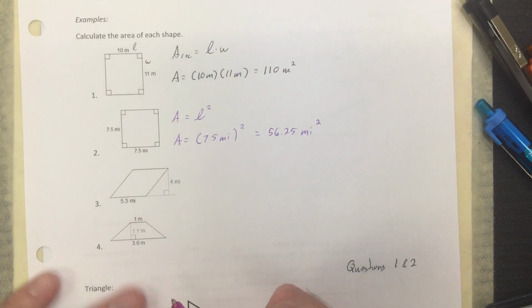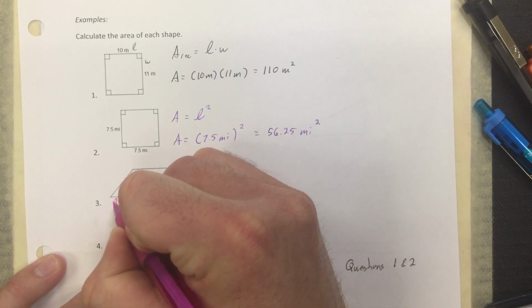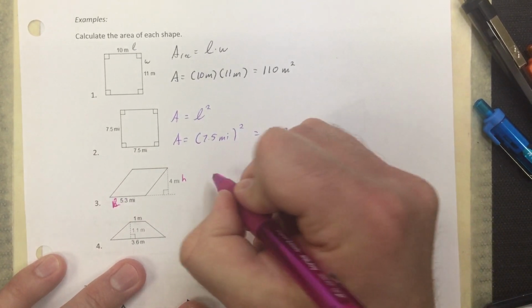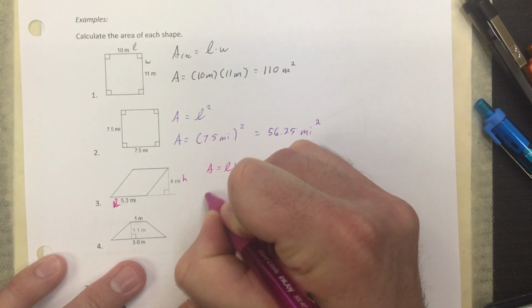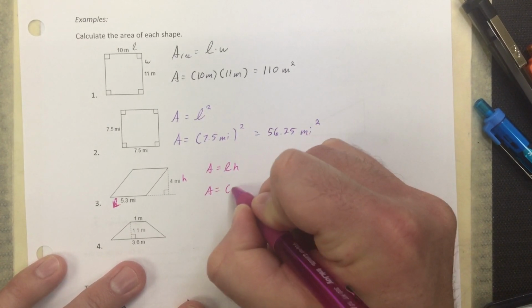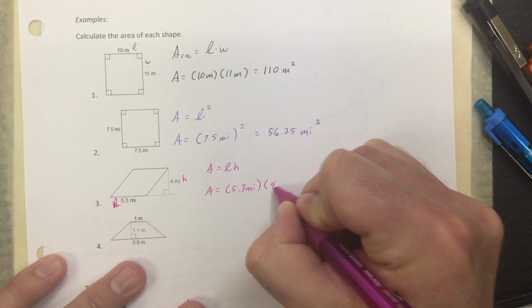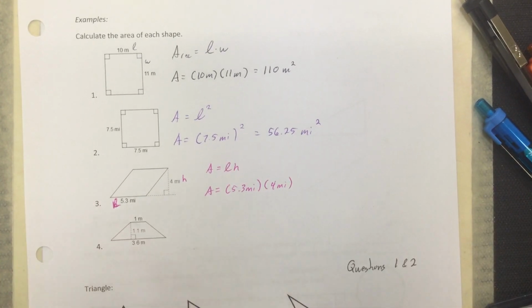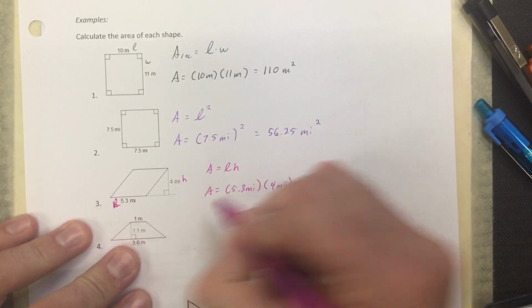Next one here, 3. Here we have a parallelogram. This is our base, this is our height, or sorry, this is our length, call it the length. And so the area of a parallelogram is equal to length times height. So area equals 5.3 miles times 4 miles. Now you'll notice I always put them into brackets. It's just how I kind of section off each of the measurements.